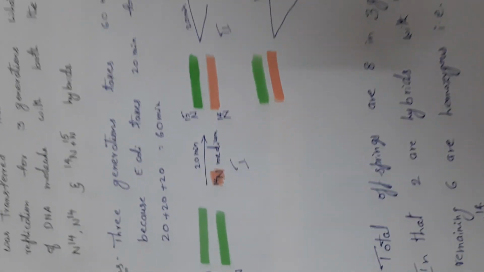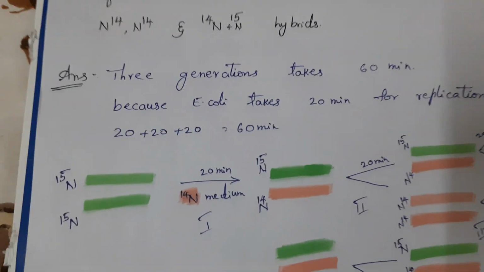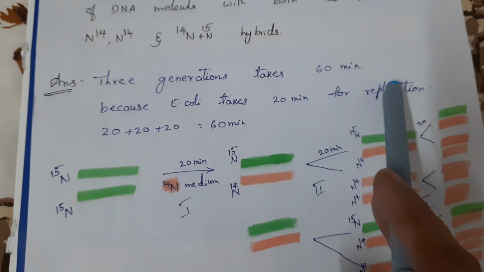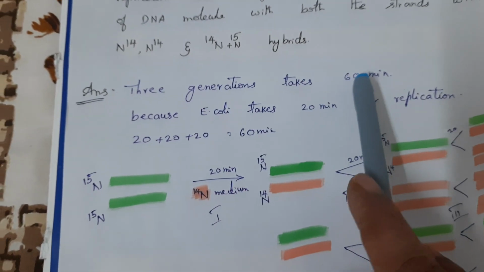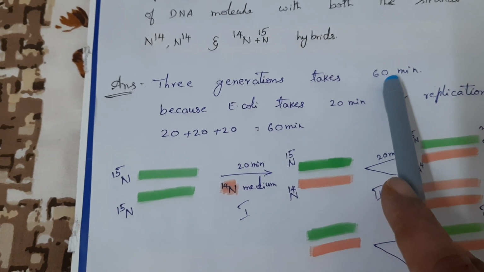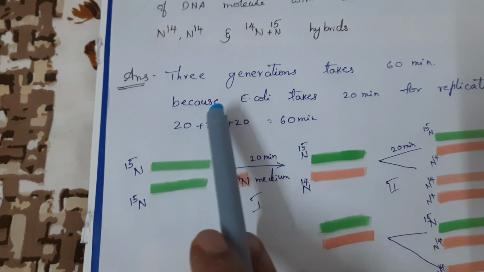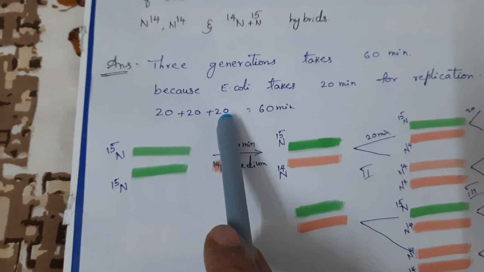The 3 generations, they asked, take 60 minutes. That means in the E. coli organism, binary fission occurs every 20 minutes, that is 60 minutes time. So in this one, every 20 minutes, those are the 3 generations we can say.